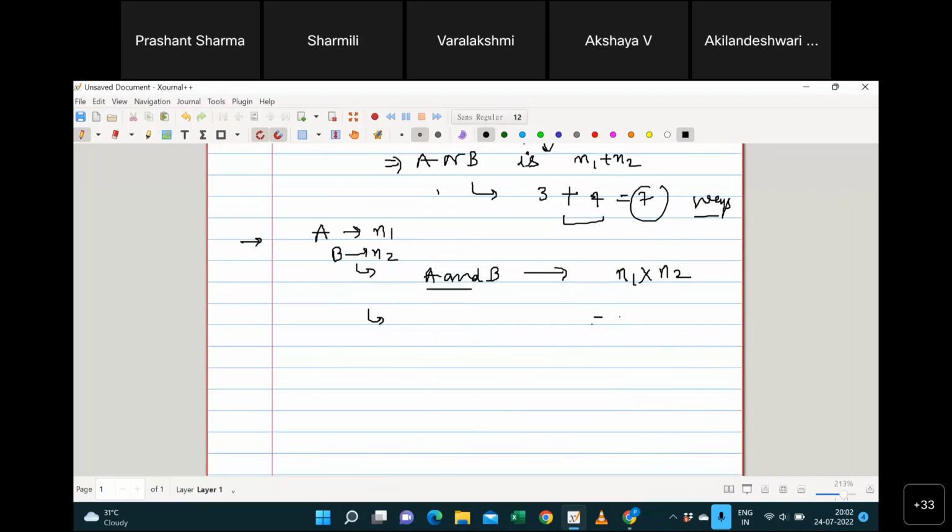Suppose you have 3 shirts, S1, S2, S3, and 4 pants, P1, P2, P3, P4. Then I can choose S1, P1, a shirt and a pant, not or. S1, P2, S1, P3, S1, P4.